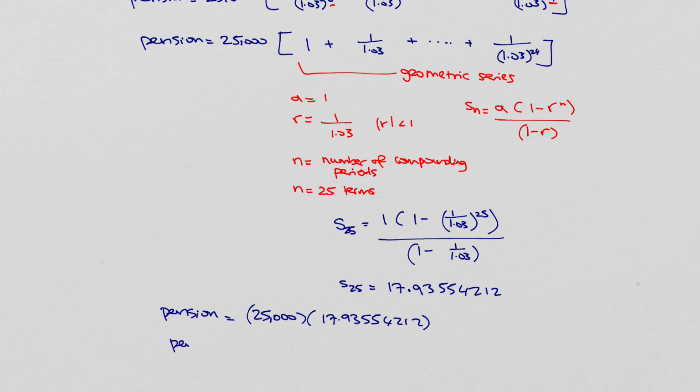And that gives me a pension fund from the date of retirement. The fund would be 448,388.55. So in other words, €448,388.25 would be the pension fund needed on the date of retirement in order for him to receive €25,000 at the start of every year for 25 years.